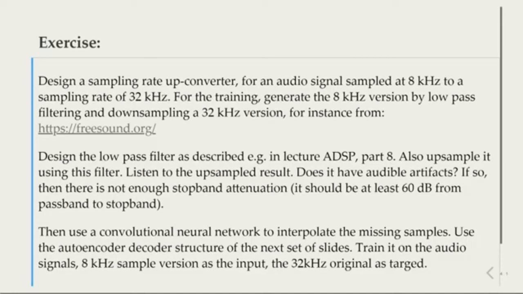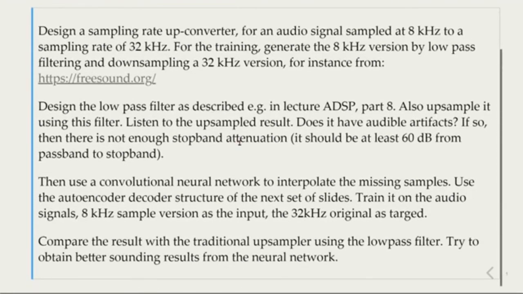So listen to the upsampled result and see if there are some audible artifacts, if there is not enough stop band attenuation. Then you can use a convolutional neural network to interpolate the missing samples, and you can use an autoencoder and decoder structure that is present in the next set of slides, and then you will train it on audio signals, with the 8 kHz sampled version as the input and the 32 kHz original as target.